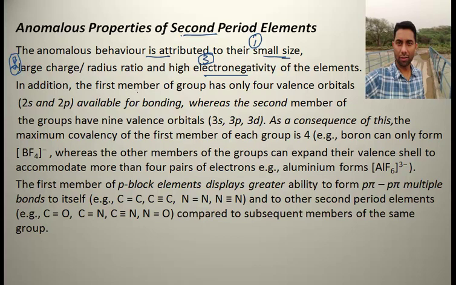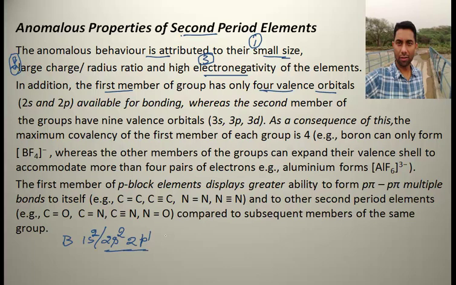In addition, again this is important, the first member of the group has only 4 valence orbitals. If we take the example of boron, it belongs to group 13, so its outermost shell electronic configuration is 2s2 2p1. There are 5 electrons, out of which 2 are in 1s2, the inner shell, and the outer shell is this.